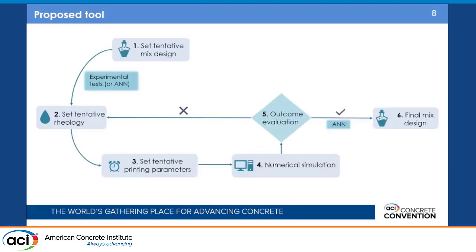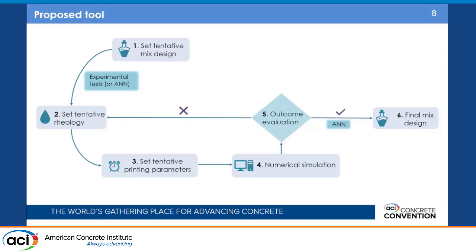Well, this is, I think, the key scheme of the presentation. In the next slide, we are going to see it more in depth. But the basic idea is, let's say that we want to develop a new mix design, a new 3D printable mix design. We start with a tentative mix design.